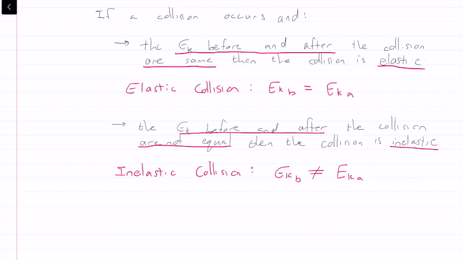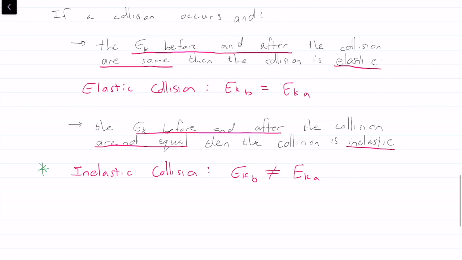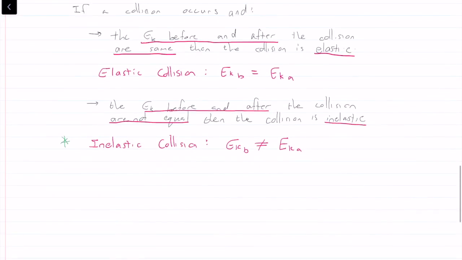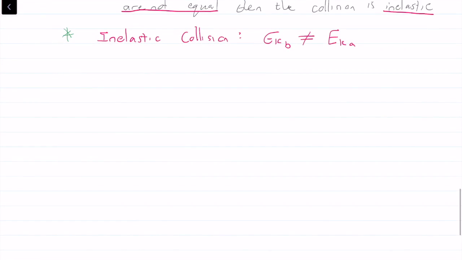The one that we usually come across is this situation right here, because usually the collision actually takes in some energy, either in the form of heat. In the real world, that's what will always happen, but theoretically you could get an elastic collision. So let's jump into 2 or so examples just to make sure everyone understands this concept.